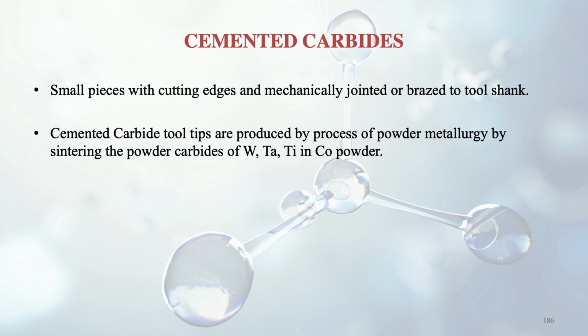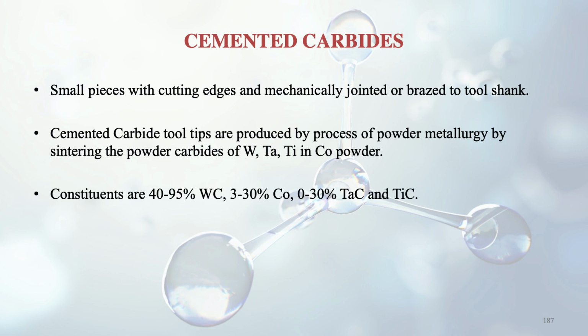So these cemented carbides are made by this process only, and then they are sintered, and these contain tungsten, tantalum and titanium in cobalt powder. The constituents are 40 to 95% of tungsten carbide, 3 to 30% of cobalt, and 0 to 30% of tantalum carbide and titanium carbide.